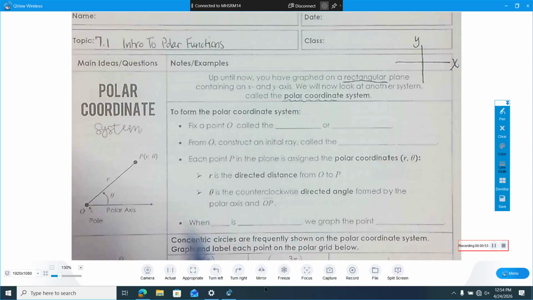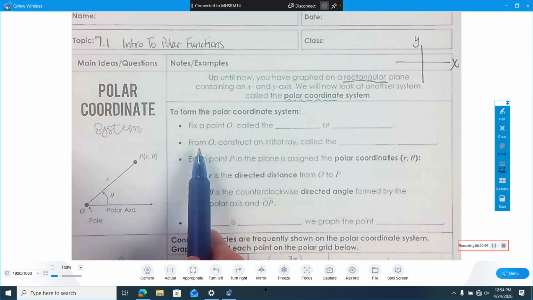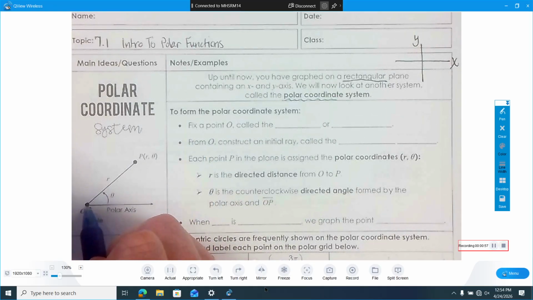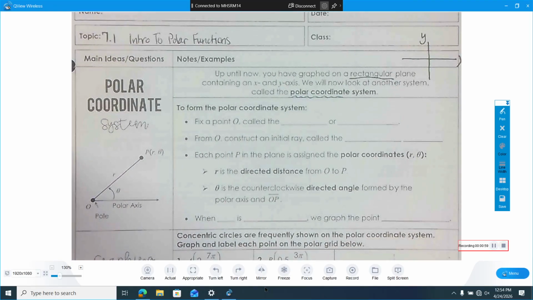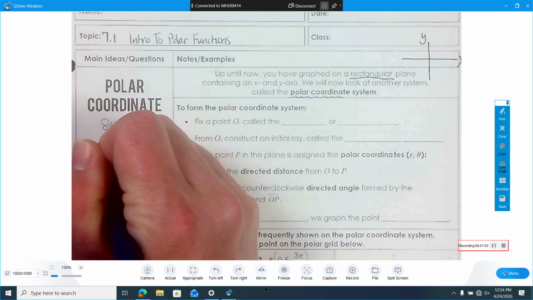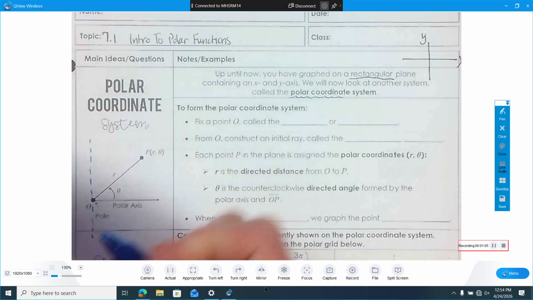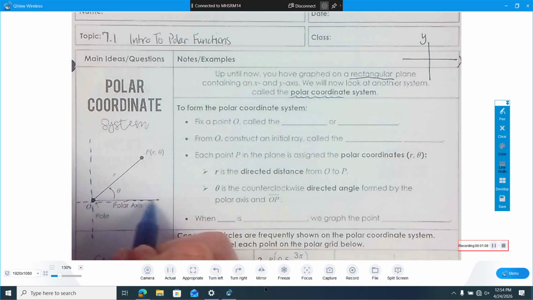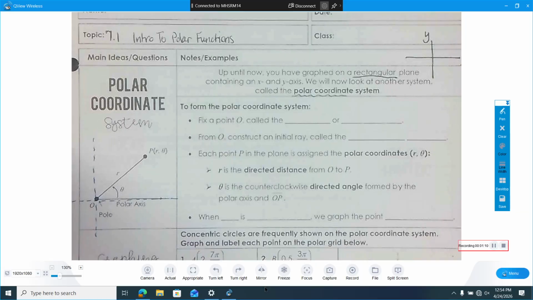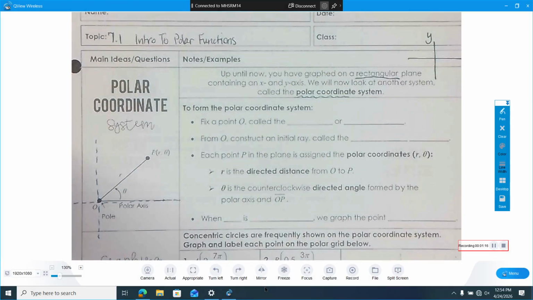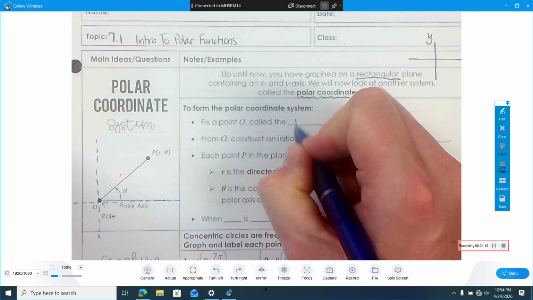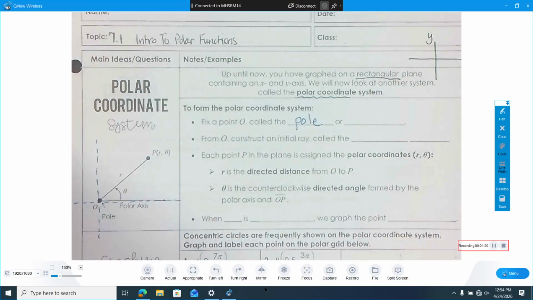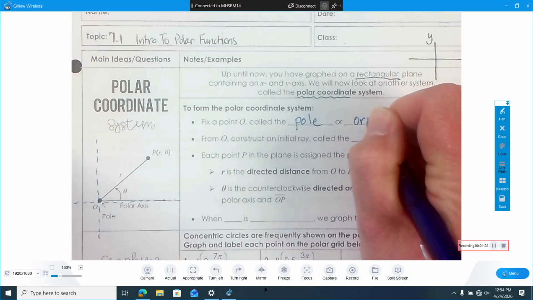So here we have this point O. It is what we might consider like the origin on our normal coordinate plane. You can imagine that is sort of like the origin, and we call it the pole. So point O is called the pole, or you can call it the origin.